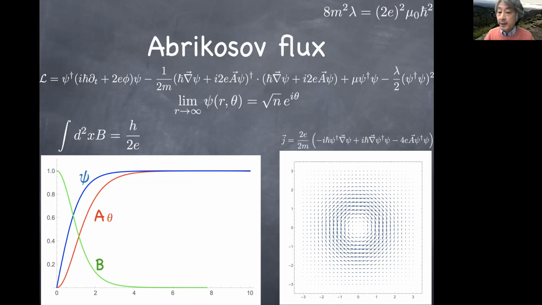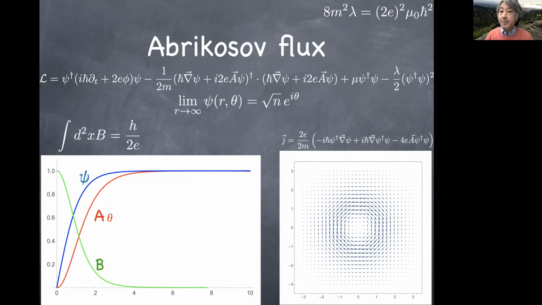But you can do that, and then you have only locally magnetic field punching through it. It dies off exponentially, given by this London penetration depth again, and then total magnetic flux going through this vortex is given by this quantum flux of h/2e. So that's the idea of this Abrikosov flux.